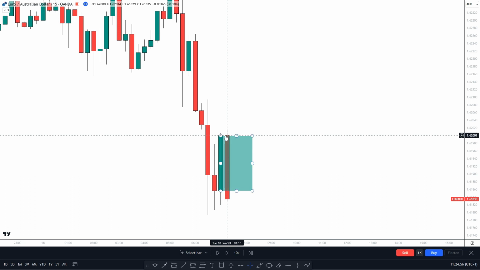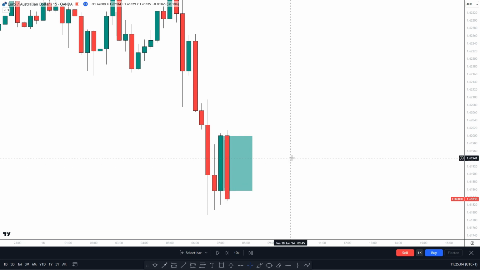The size of this candle, the body is larger and it has eaten or engulfed the previous candle. This shows that the sellers are in control of this market.